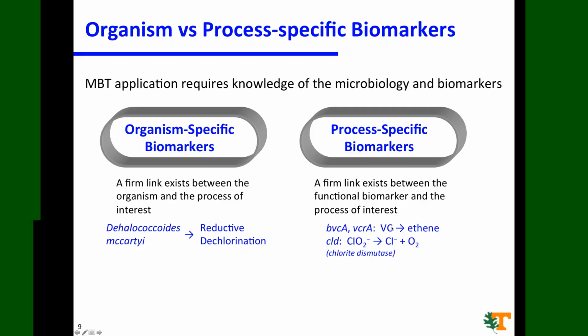So here you have very specific targets for the process. So you can target these genes, and you don't care on what genome they are. So you don't get organism-specific information, but you get process-specific information. So you have to distinguish between organism-specific and process-specific biomarkers.